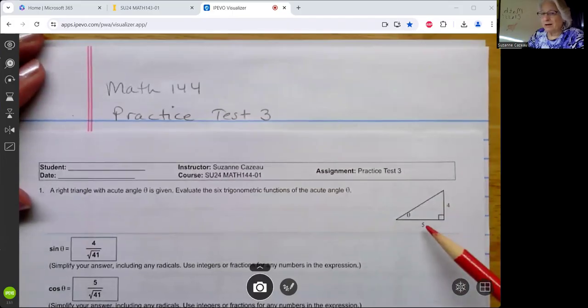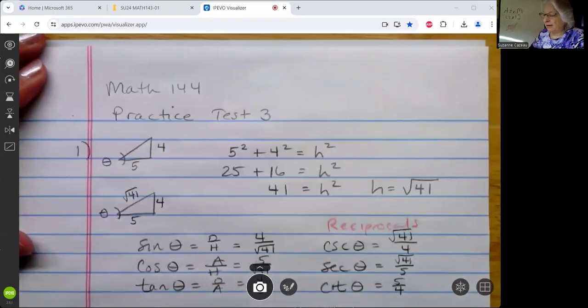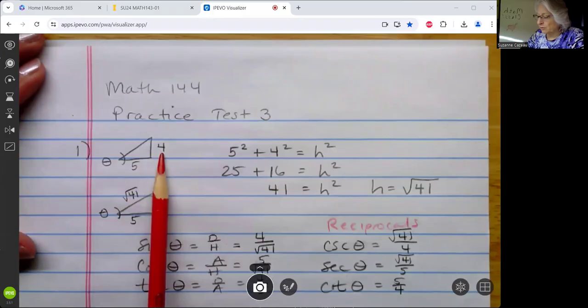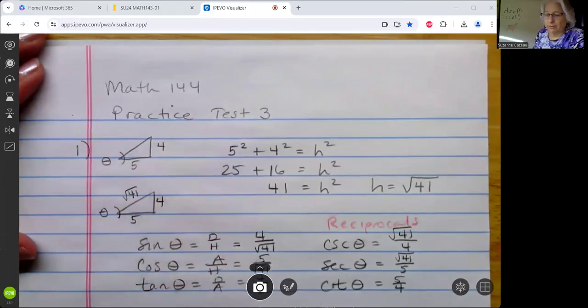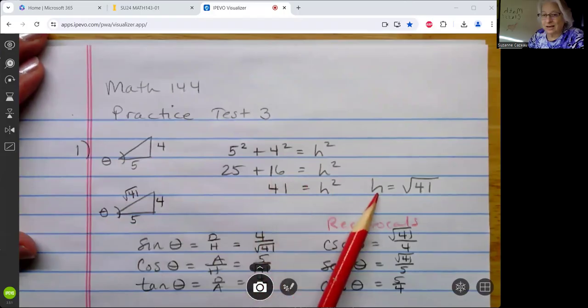So you want to be careful not to jump on 3, 4, 5, because that's not what this is. What you need to do is the Pythagorean theorem: 5 squared plus 4 squared equals h squared, and then solve for h. You should get that h is the square root of 41.